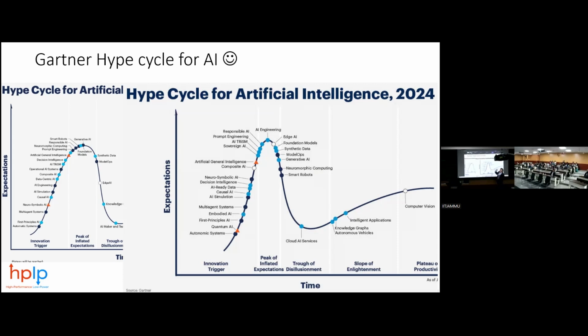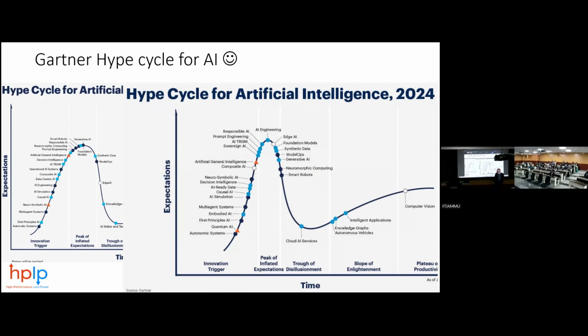And this is just about AI, and you see there are some things here that are at the peak or very close to the peak. AGI, artificial general intelligence, edge AI, foundation models, responsible AI, prompt engineering.